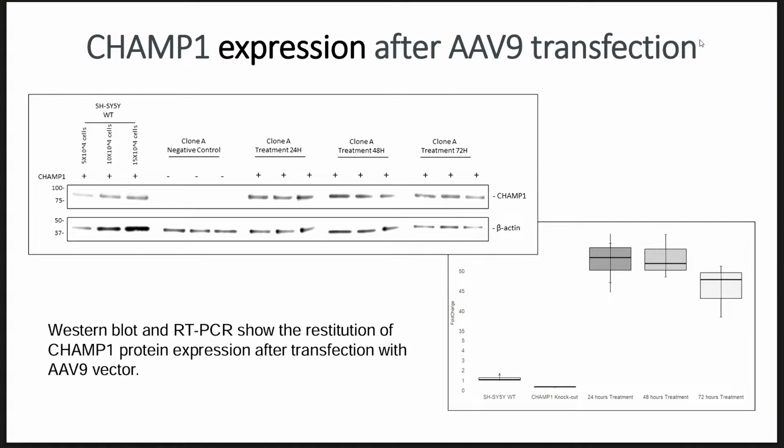We were successful in that mRNA expression increased and stayed upregulated. For proteins, you can see the first one is wild type, then the clone with no CHEMP1 expression, and then expression comes back after treatment and stays detectable for the whole experiment duration. So we consider it a good proof of principle.